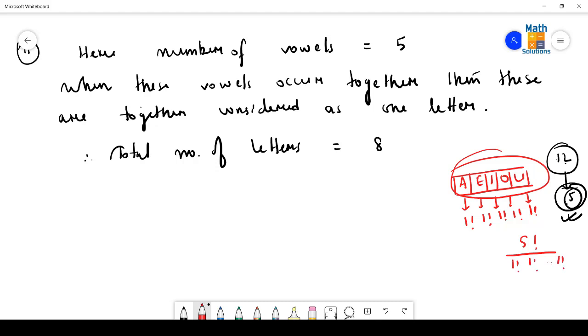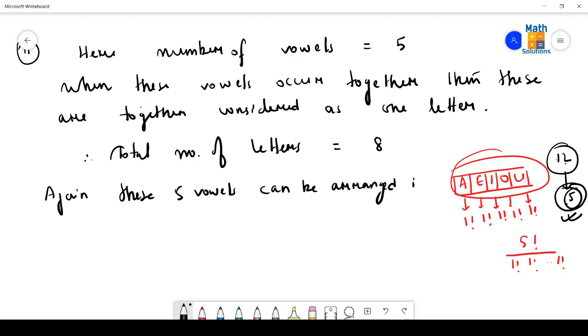It will continue up to the 5th term. In the denominator part, 5 times, 5 1 factorials I need to write. So coming to this solution part again, I am going to write here: these 5 vowels can be arranged in 5 factorial ways.